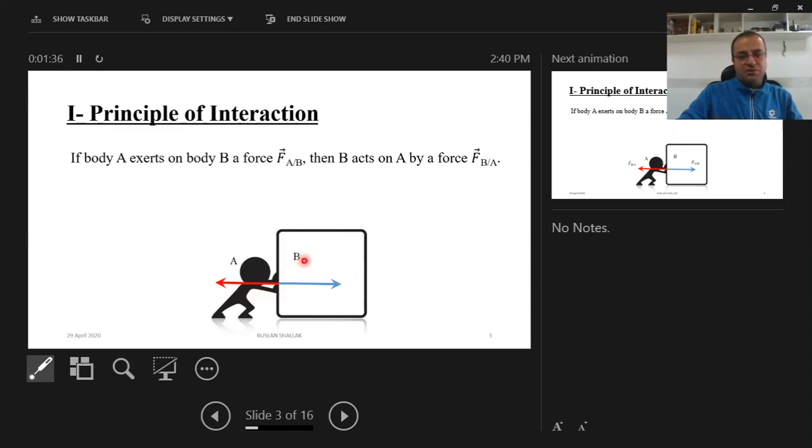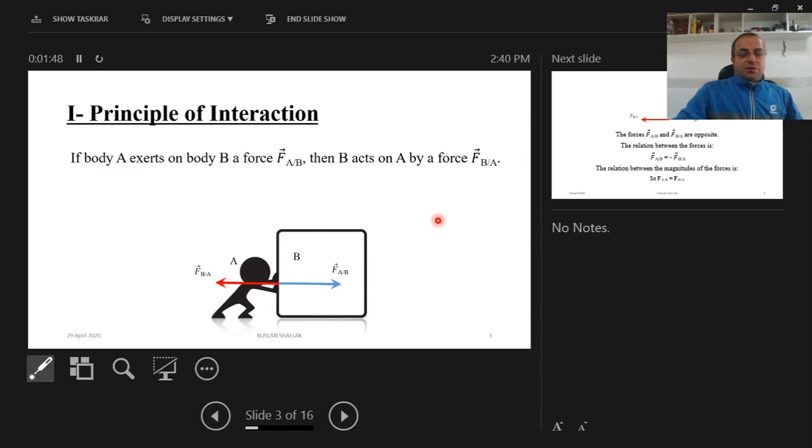We can say that the box exerts on the man a force Fb. So the blue force is the force exerted by A on B, and the red force is the force exerted by B on A.